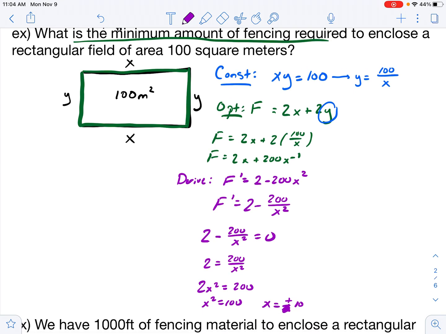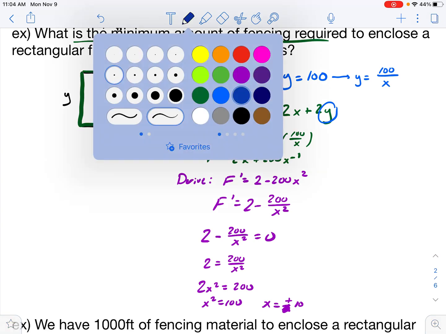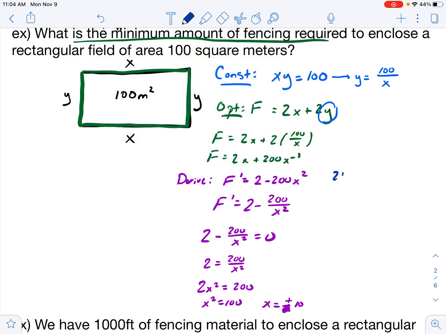So again, I can set up my number line to do the test here. What I'm actually going to do, though, just to remind you, is use the second derivative test for max min. So look, if I take the second derivative here, f double prime is going to be, it looks like, negative 400 x to the negative third, or negative 400 over x cubed, okay?